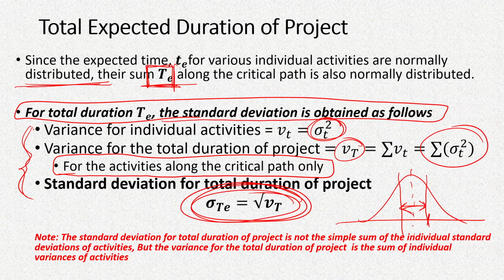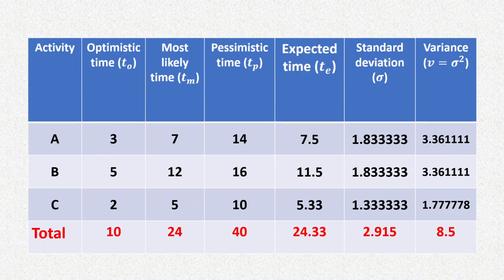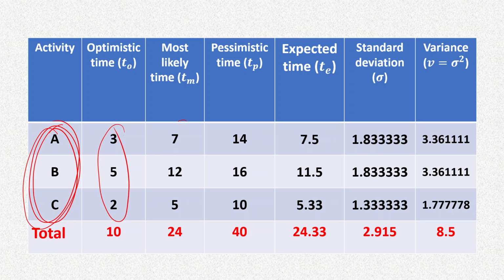Now let's go to the example again. So again, we'll assume that all these activities are the critical activities. So we have their optimistic times, most likely times, and pessimistic times, and then we calculated the expected times.